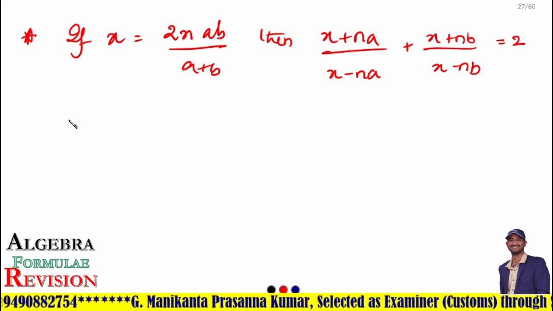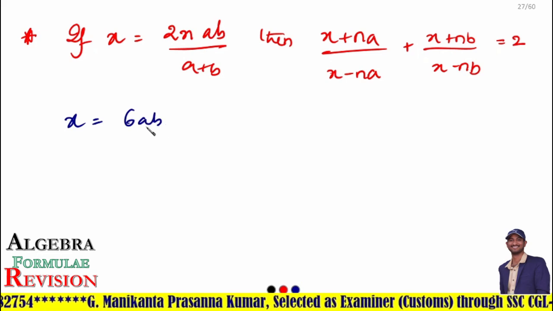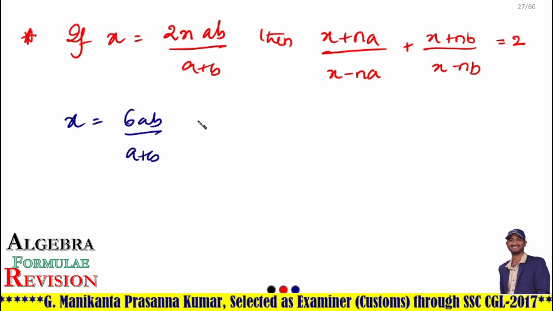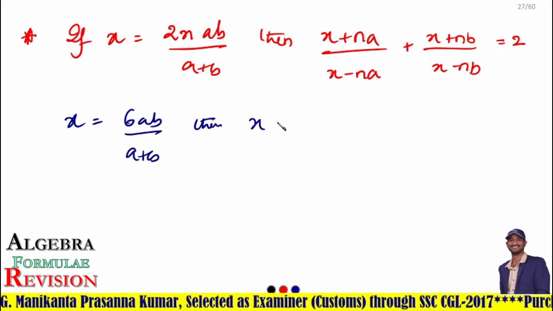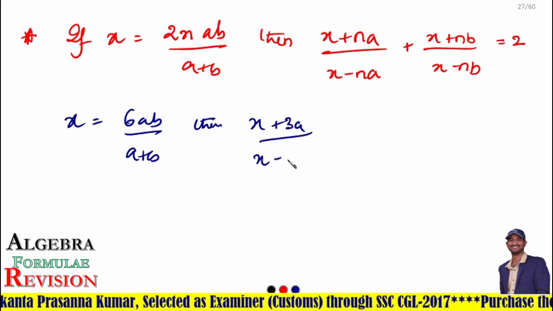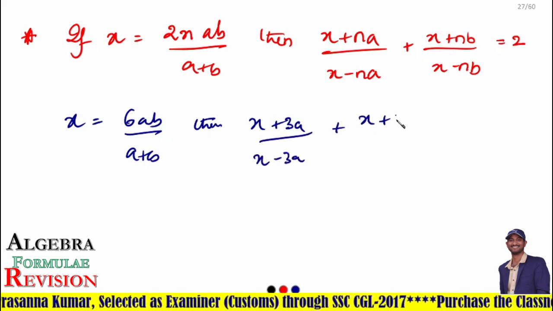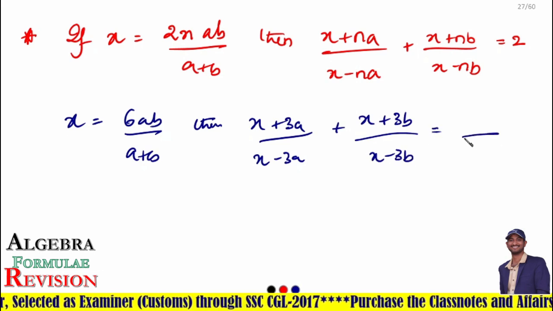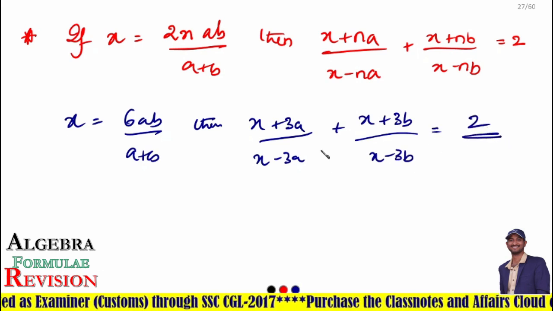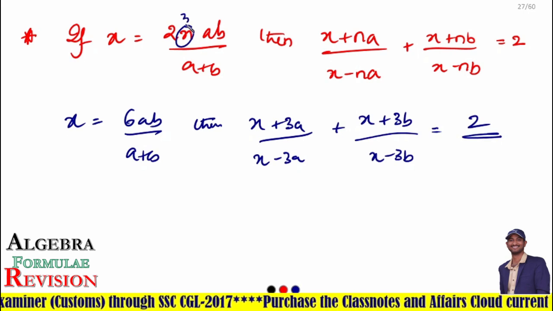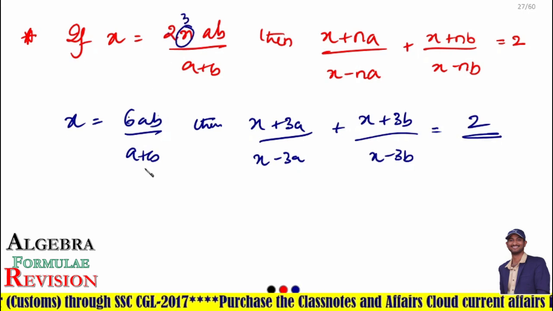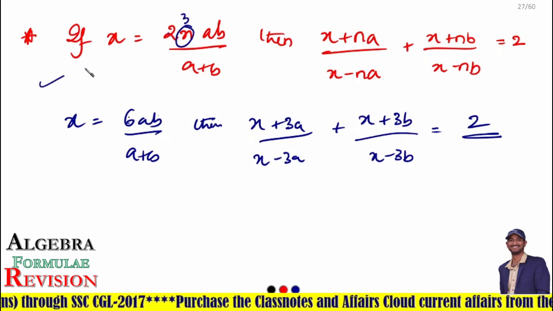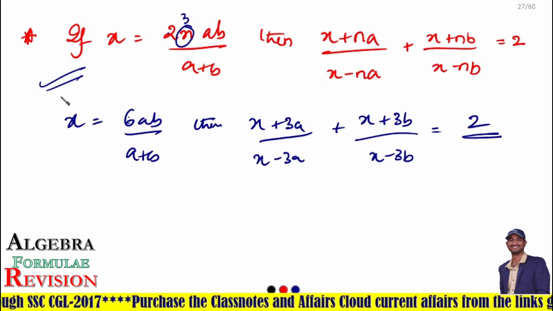For suppose x is equal to 6ab/(a + b), then find the value of (x + 3a)/(x - 3a) + (x + 3b)/(x - 3b). It is always equal to 2, because in place of n, if I substitute 3, 2 into 3 gives 6ab/(a + b). So this is one of the important formulas you have to remember.